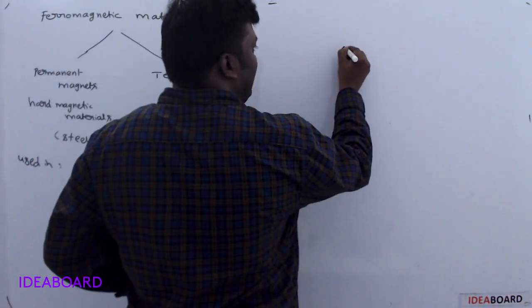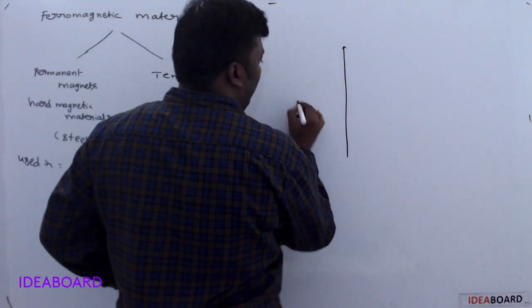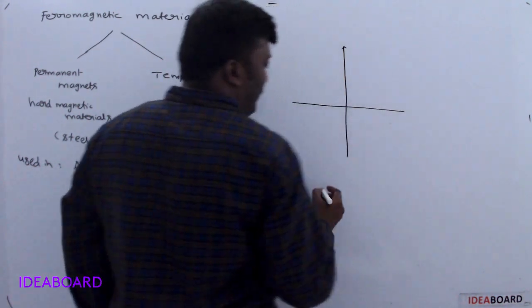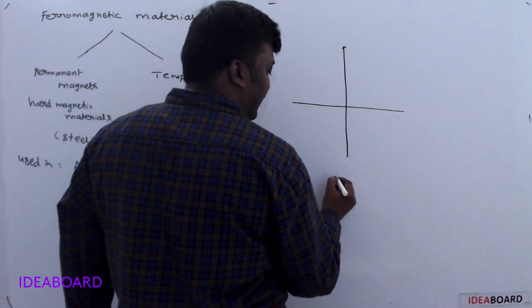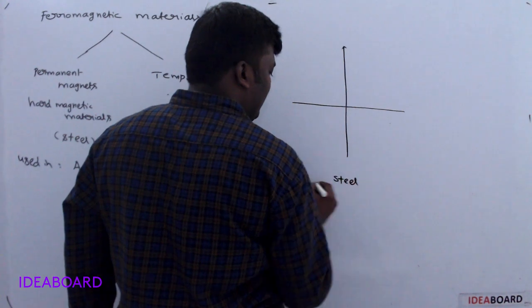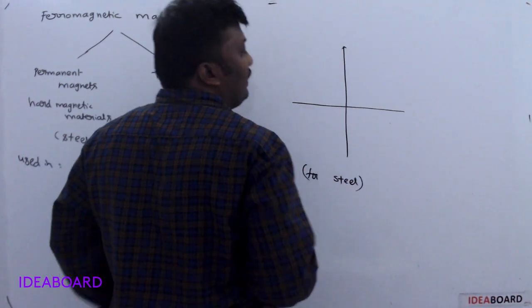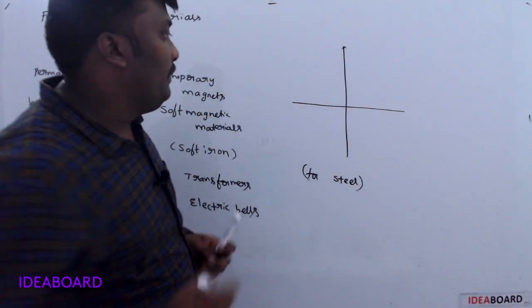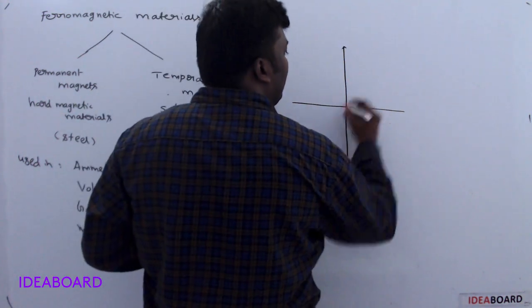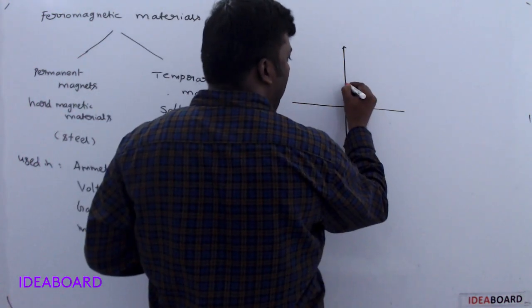The hysteresis cycle for permanent magnets, that means steel, the shape of the graph will be like this, the hysteresis loop.